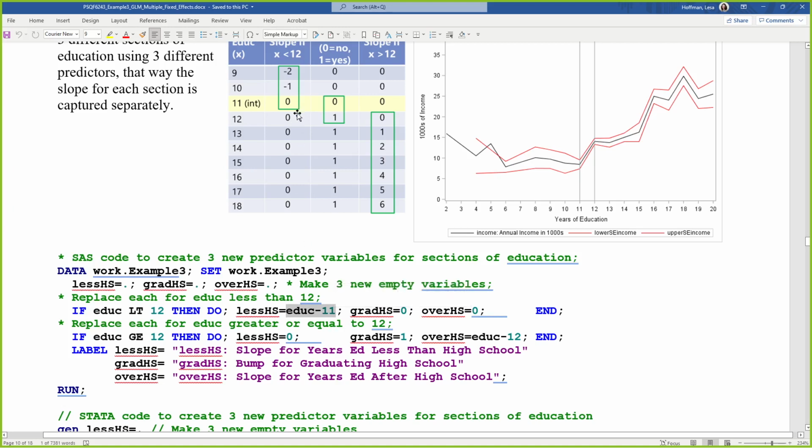So education minus 11 computes the part that's in the green box here. The other ones, now we're filling in the rest of the columns with zeros, because for somebody with less than high school, these columns are not relevant. They're not going to help predict their score, so they're zeroed out.